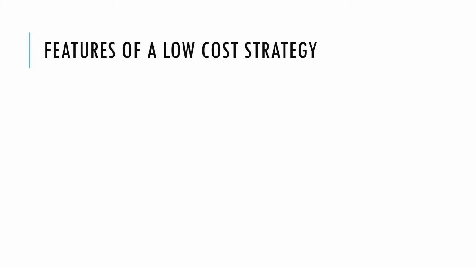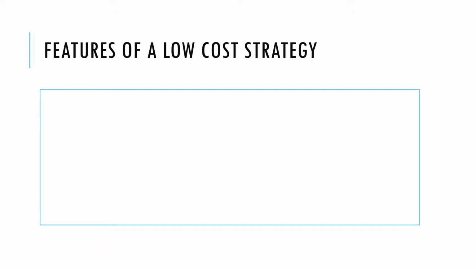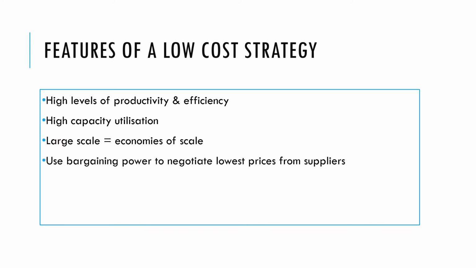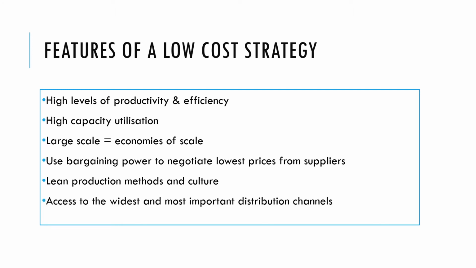So what features does a business normally have to operate a low cost strategy? Well, it might be about being very productive and very efficient, having high capacity utilization, operating on a large scale to enjoy economies of scale, maybe using our bargaining power to negotiate low prices, lean production methods and culture, and access to wide and important distribution channels.